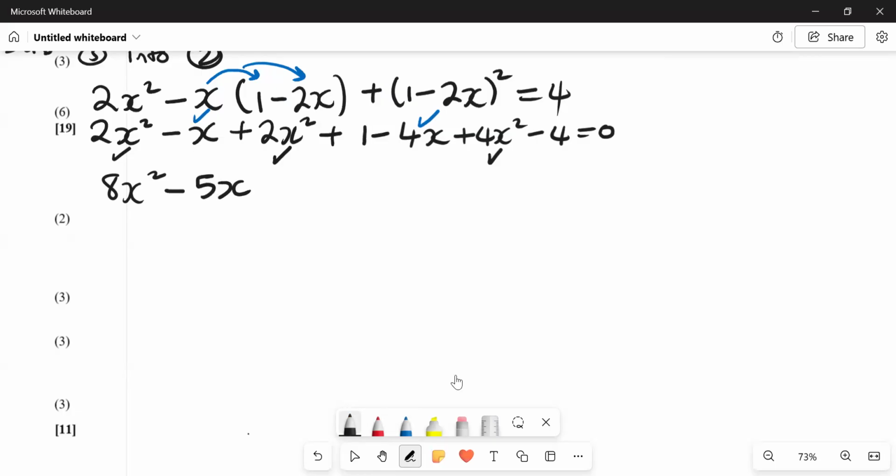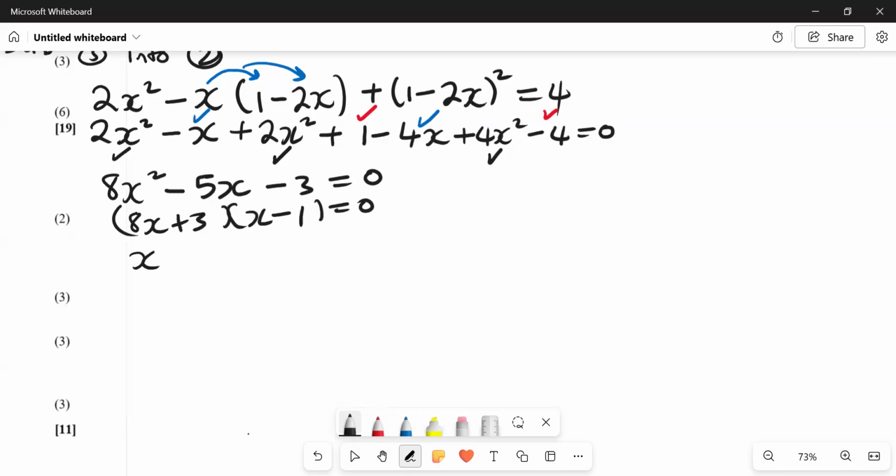And then you have your 1 minus 4, that's minus 3, equals 0. Now factorize. You have a trinomial, which means you can factorize. So this is (8x plus 3)(x minus 1). Now, basically, x is equal to negative 3 over 8, or x is equal to 1.